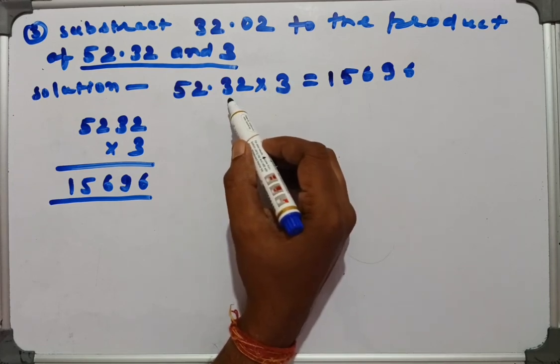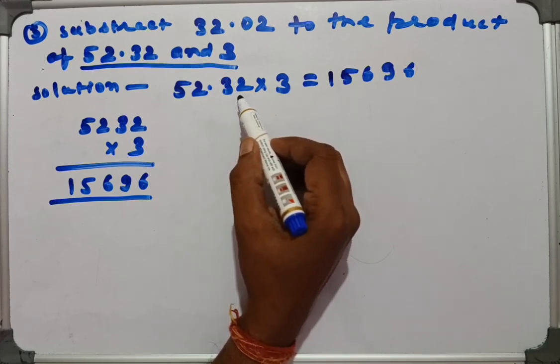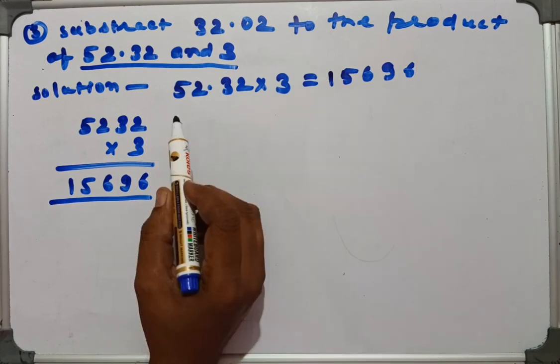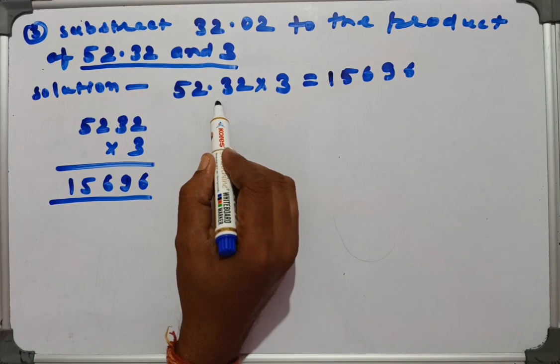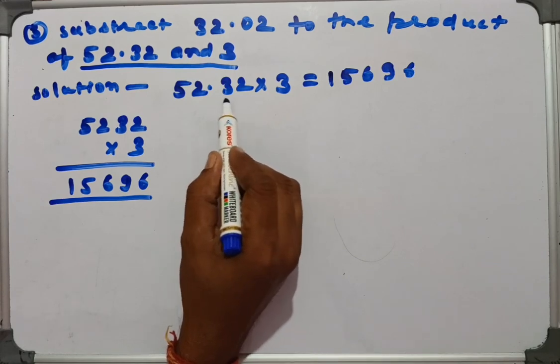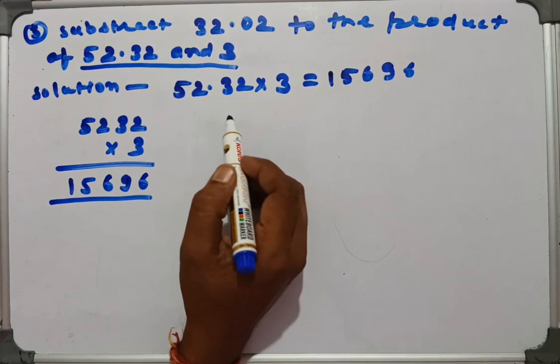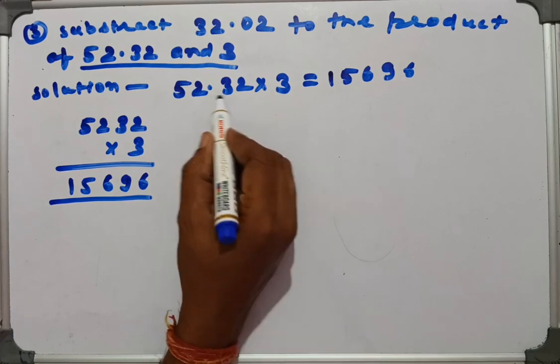Then what we will do next: in the second number there are no decimal places, and in the first number there are only 2 decimal places. You have already read that we have to add all the decimal places first.